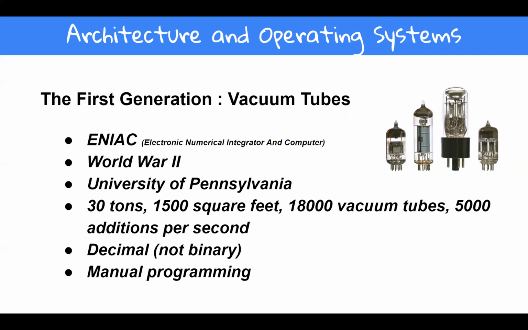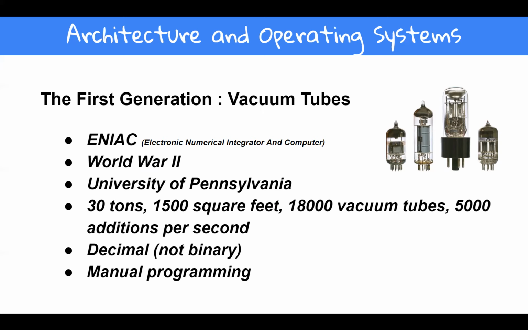The machine that was made first was ENIAC, which stands for Electronic Numerical Integrator and Computer. Designed and constructed at the University of Pennsylvania, it was the world's first general-purpose electronic digital computer.